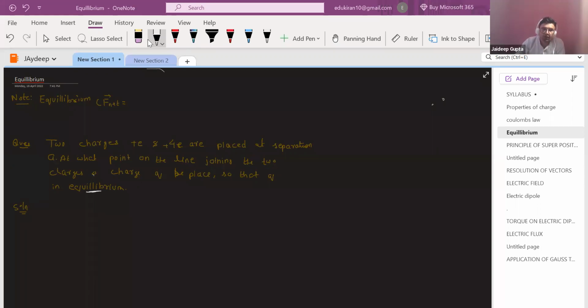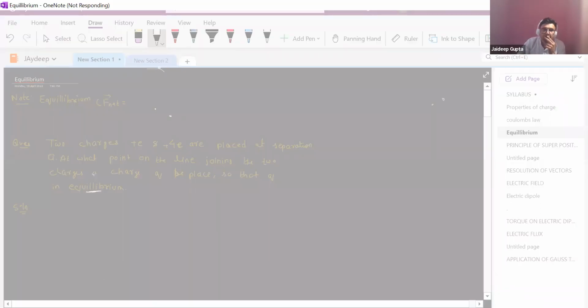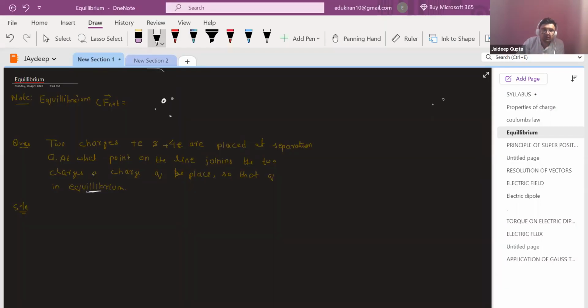So, what do you mean by equilibrium? Let there be two charges, Q1 and Q2, and let there be a third charge, Q3.